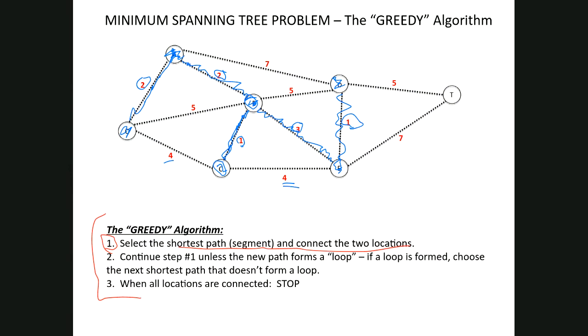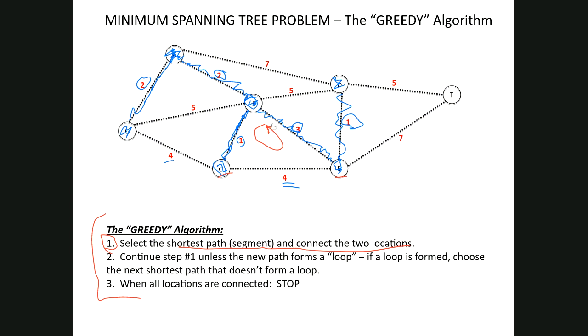But if we do that, you'll notice there's a loop formed, because if we connect this with this along a path of length 4, there's a loop in here. That would create a loop among those 3 locations.